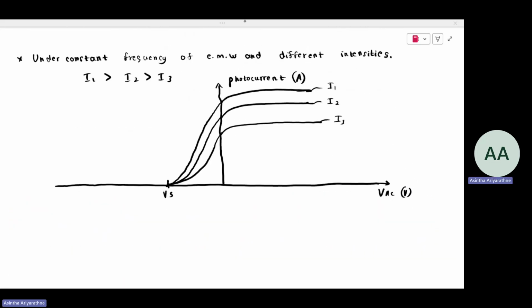The important consideration is the photocurrent, because photocurrent depends on the intensity of the electromagnetic waves, which means the number of electromagnetic waves falling on unit area per unit time. And the stopping voltage doesn't depend on the intensity.